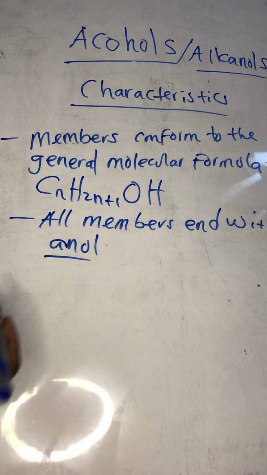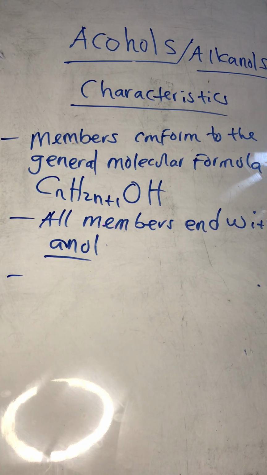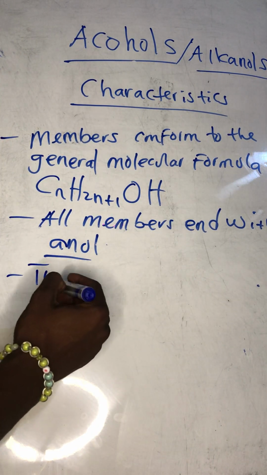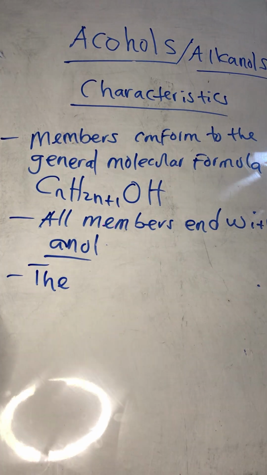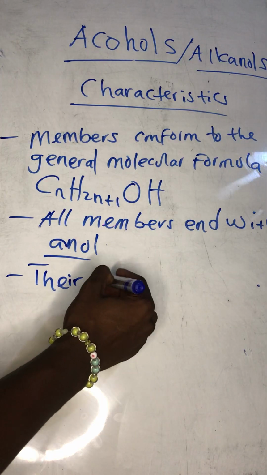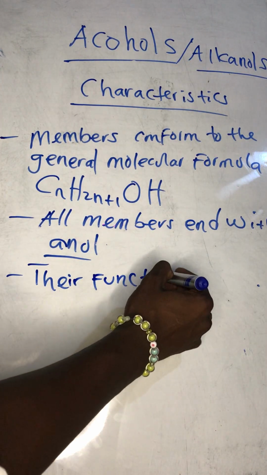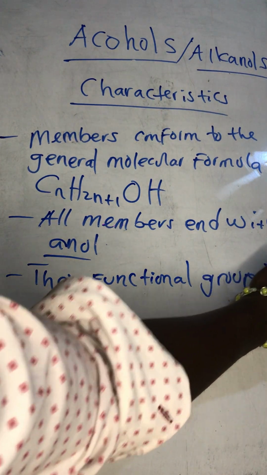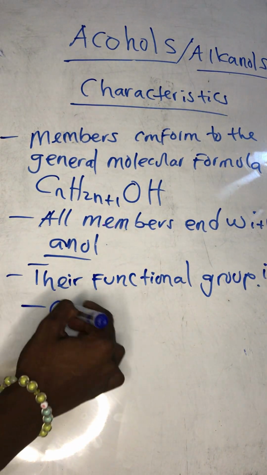Characteristic number 3, what you should know is that the functional group of the alcohols is OH.